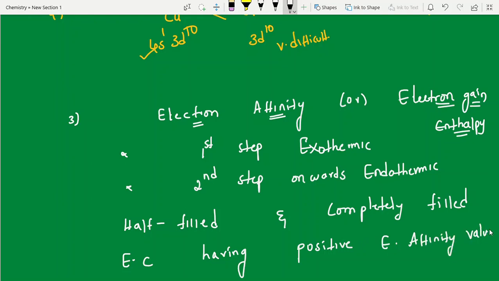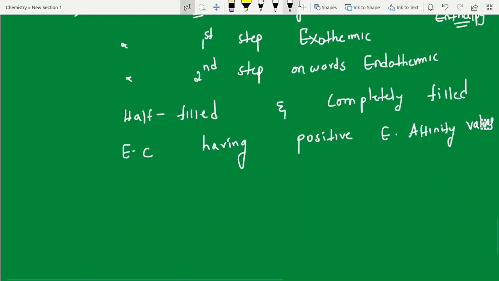Clear? So example, the nitrogen family. Just now we have taken, students, nitrogen, the 15th group: nitrogen, phosphorus, arsenic, antimony. Next one, what is the last one? Bismuth.